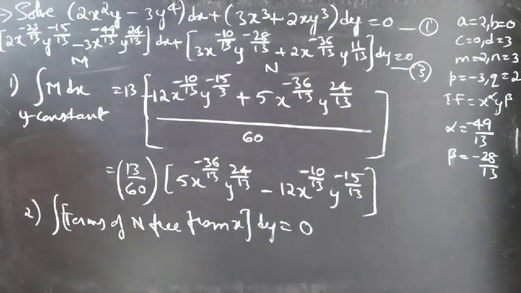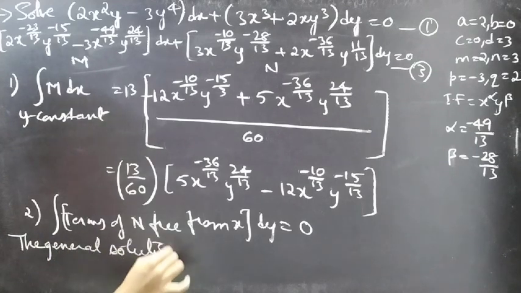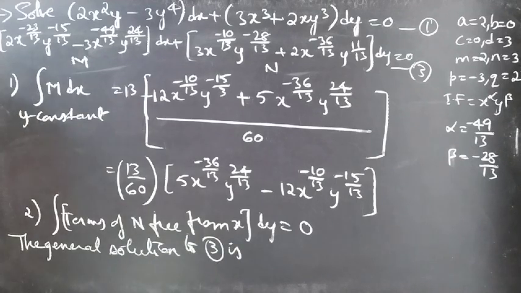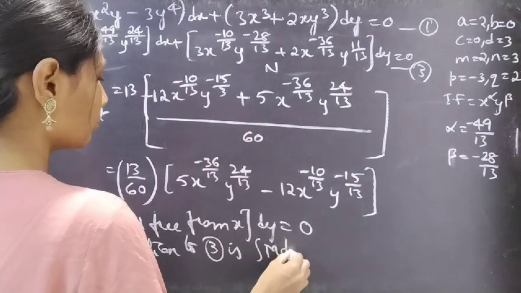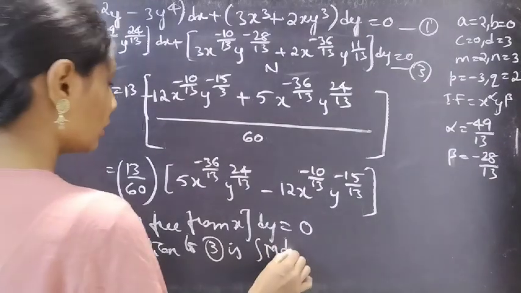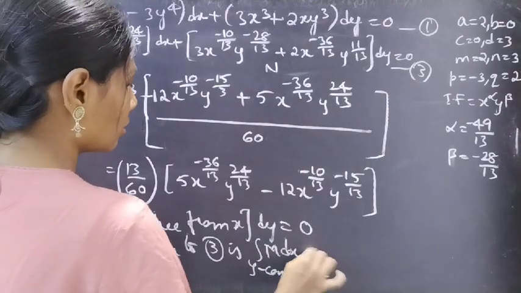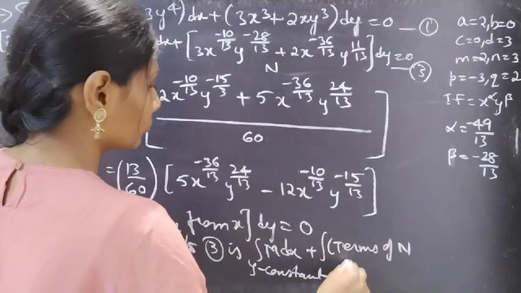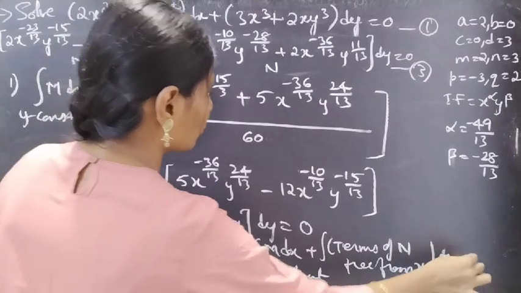Now the general solution will be the integral of mdx treating y as constant, plus the terms of n free from x into dy, equal to c.